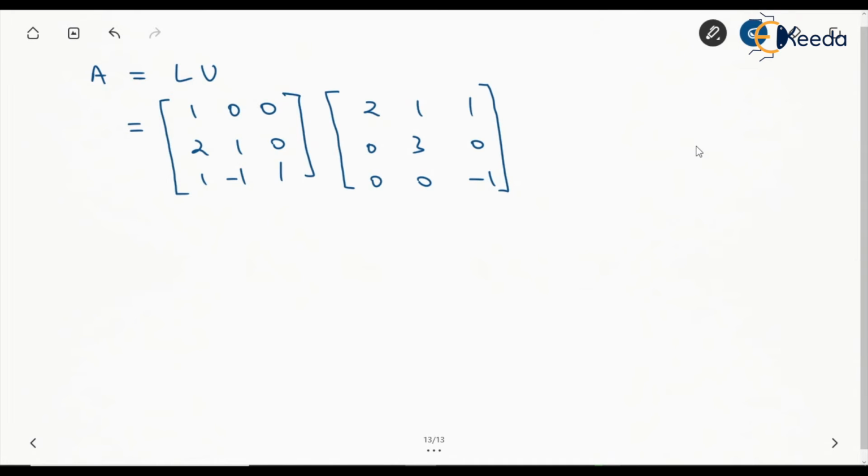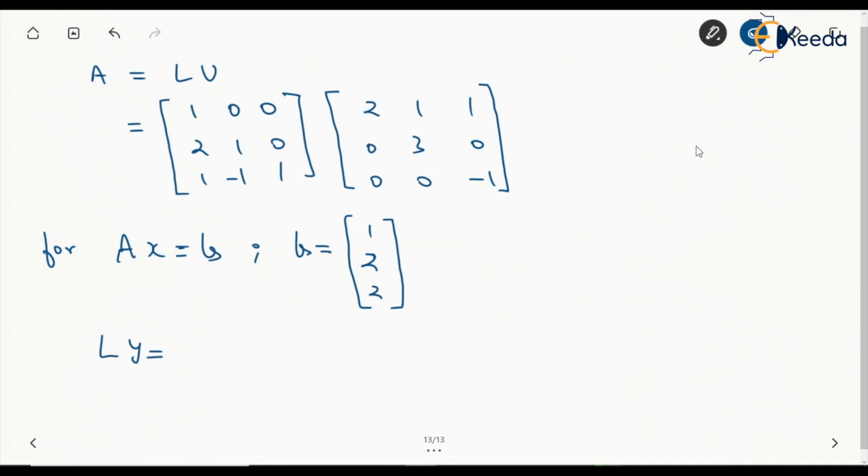Now let's see, for AX is equal to B, what if this B was 1 2 2? Let's say it was 1 2 2, right? And we have to solve for X. So the first thing is, instead of AX is equal to B, we can write L into Y equal to B, because we are taking Y is equal to U into X, right?